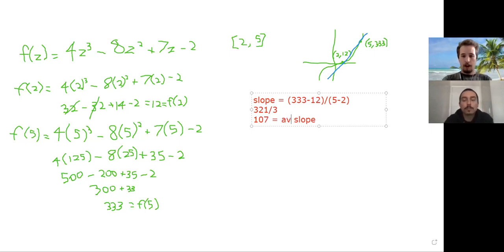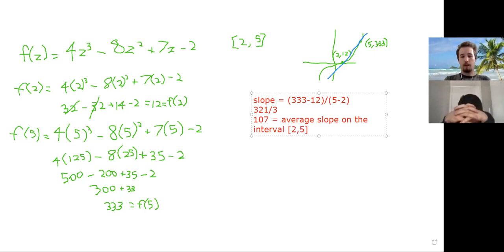Actually, I should put average slope on the interval 2 to 5. So 107 is our average slope on the interval 2 to 5.